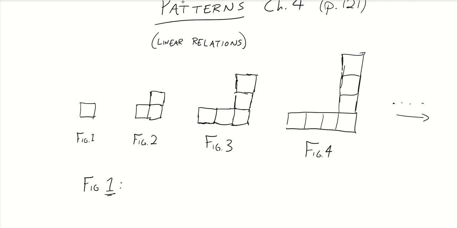Well, one. One square exists. For figure number two, how many squares exist? Well, 1, 2, 3. So 3 squares. So 1 square for figure 1, 3 squares exist for figure 2.